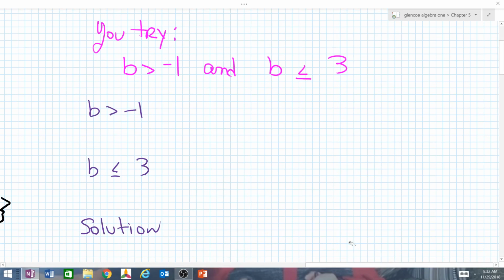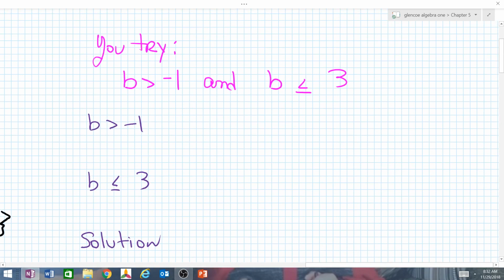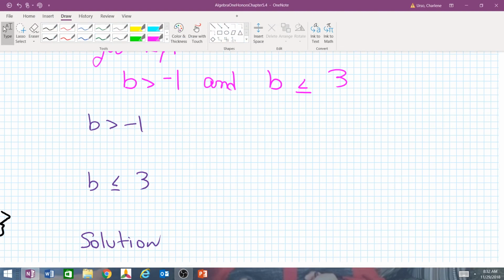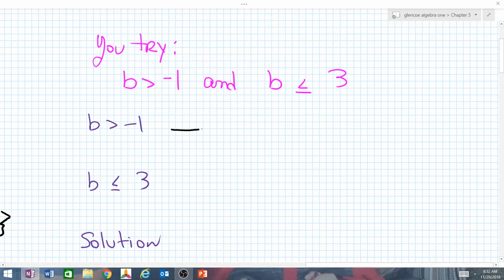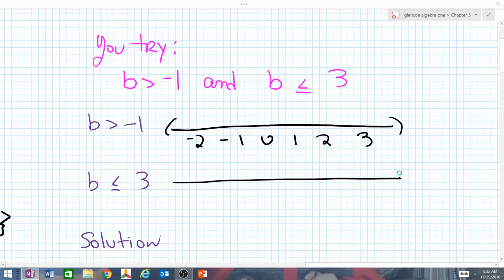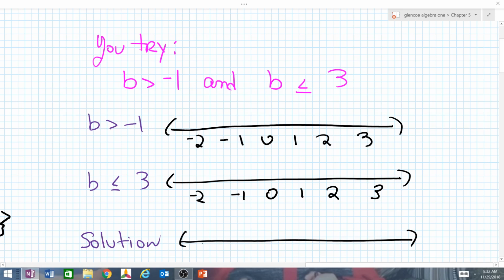You guys will help me. Okay. B is greater than -1. Who would like to share how they graphed that?